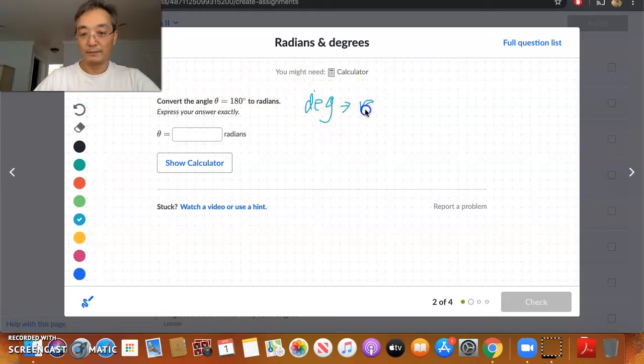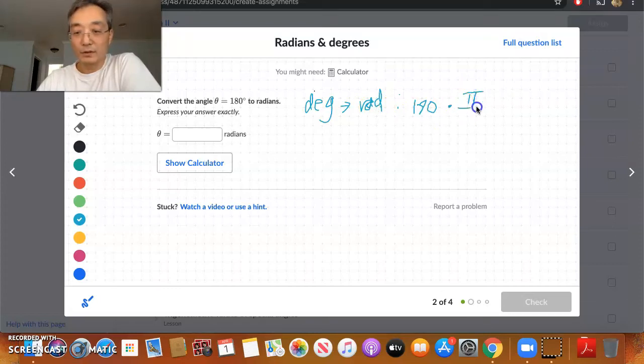So we're going to do 180 times, and since we're going to radians, we want to multiply by pi over 180.